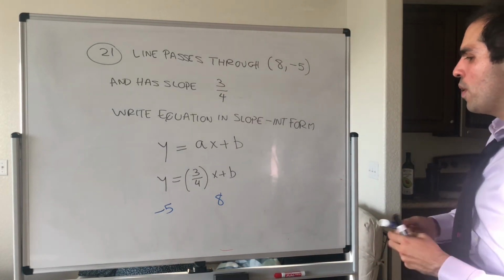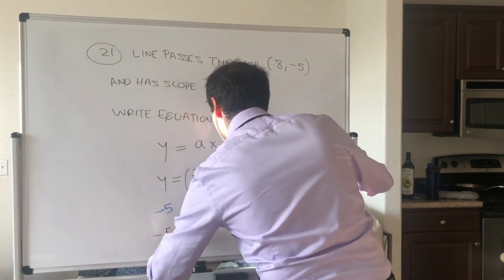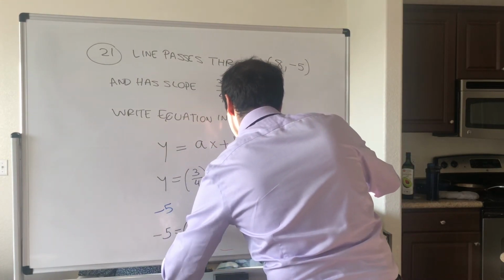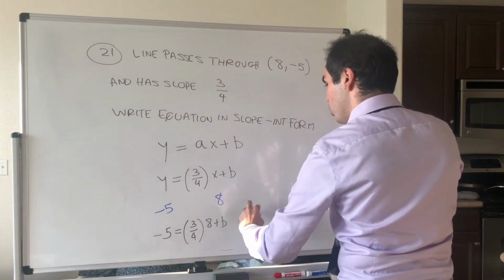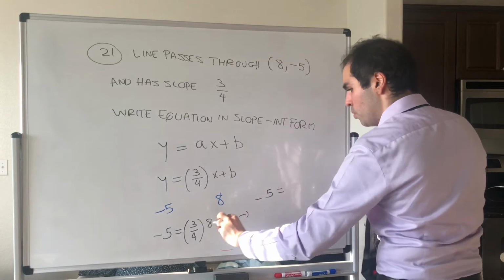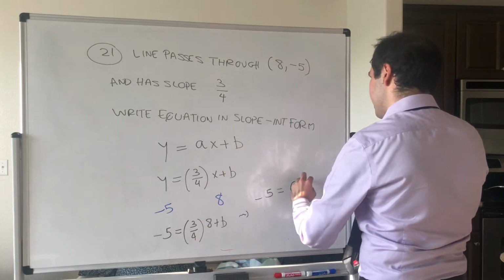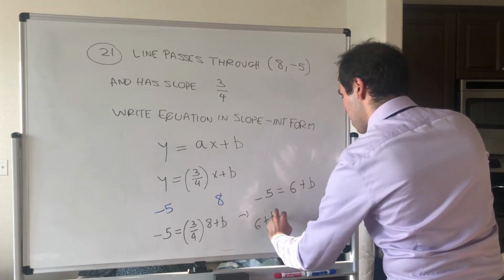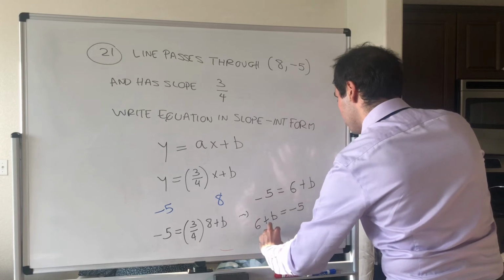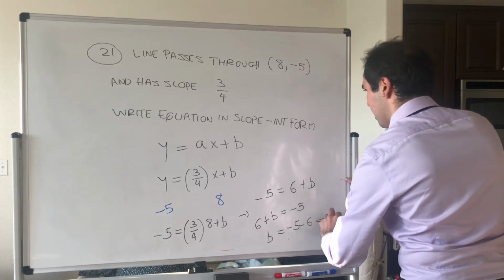So in other words, the equation we have is minus 5 equals 3/4 times 8 plus b, which you can just simplify to minus 5 equals, so 8 divided by 4 is 2, times 3, that's 6. And then 6 plus b is minus 5. So b is minus 5 minus 6, and that's minus 11.